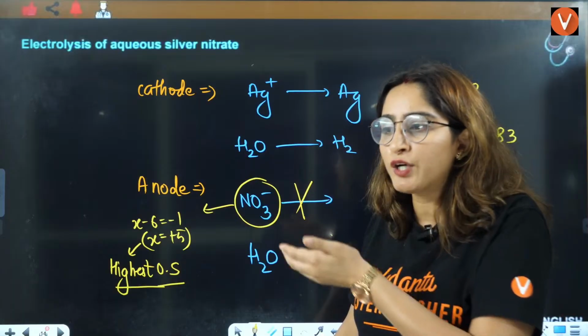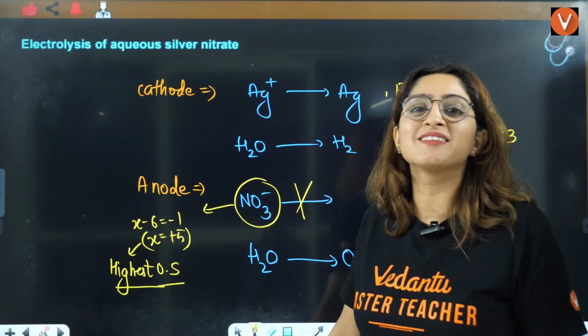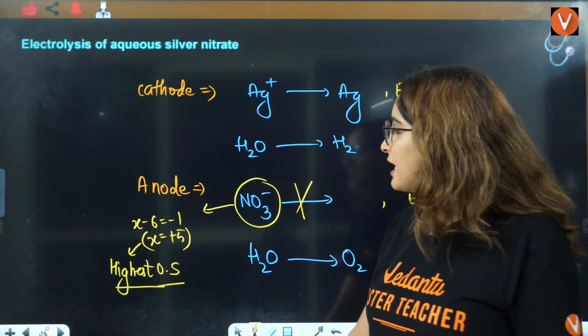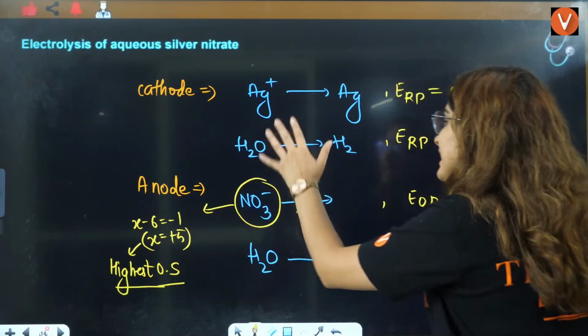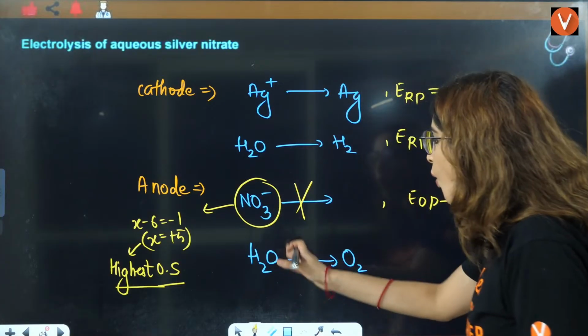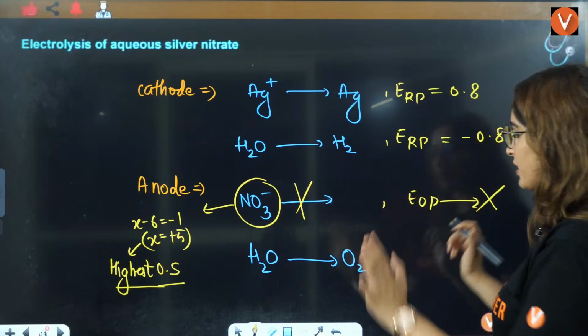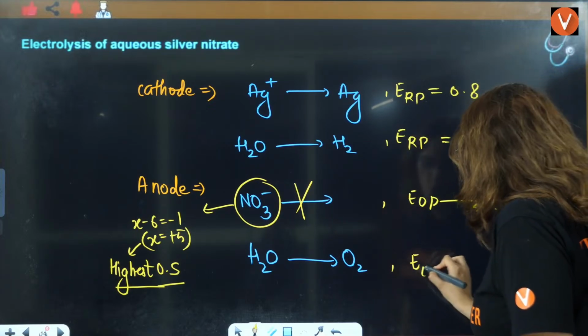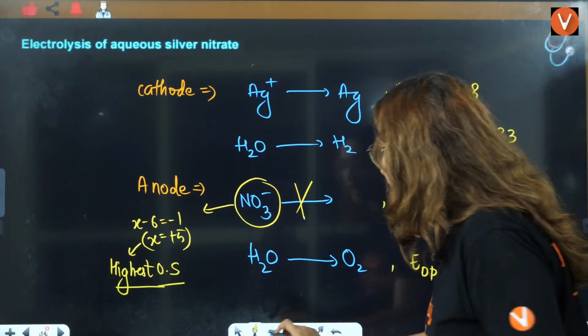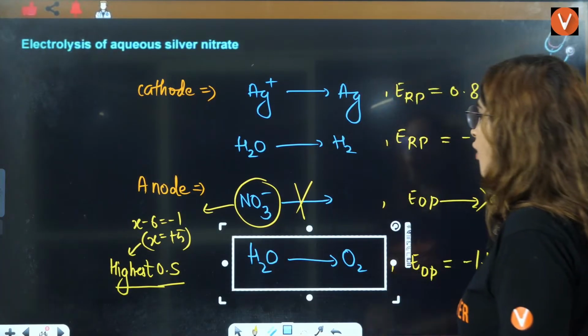If nitrogen is already in plus 5 state, then you can't make it plus 6 or plus 7, not possible. So here nitrate oxidation is not possible only. So only king here is water and here there is no competitor for water. Nitrate is not even eligible. That's why O2 will be formed at anode.